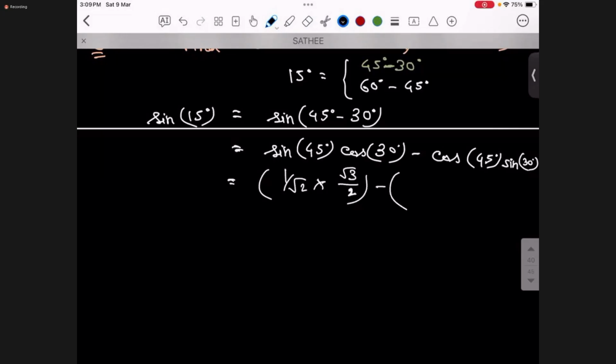And what about cos 45 degree? 1 by root 2. And sin 30 is 1 by 2. So what do we obtain from here? Root 3 by 2 root 2 minus 1 by 2 root 2.